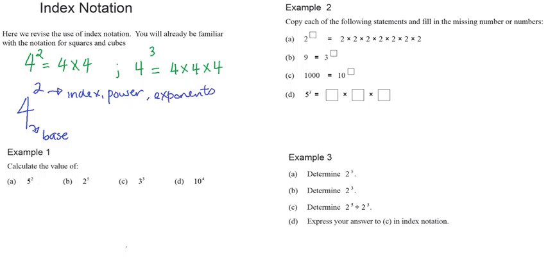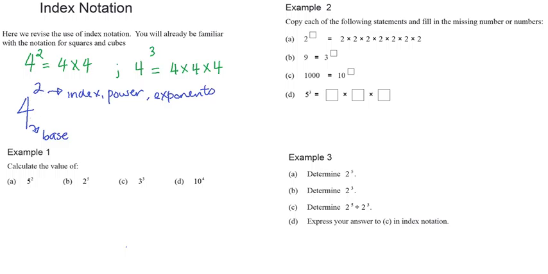All 3 words indicate the same thing. But what does that exponent or power or index really tell us? Well, comparing to the examples we did before, it really tells us how many times I multiply this base. So that is what the number 2 is telling us there.